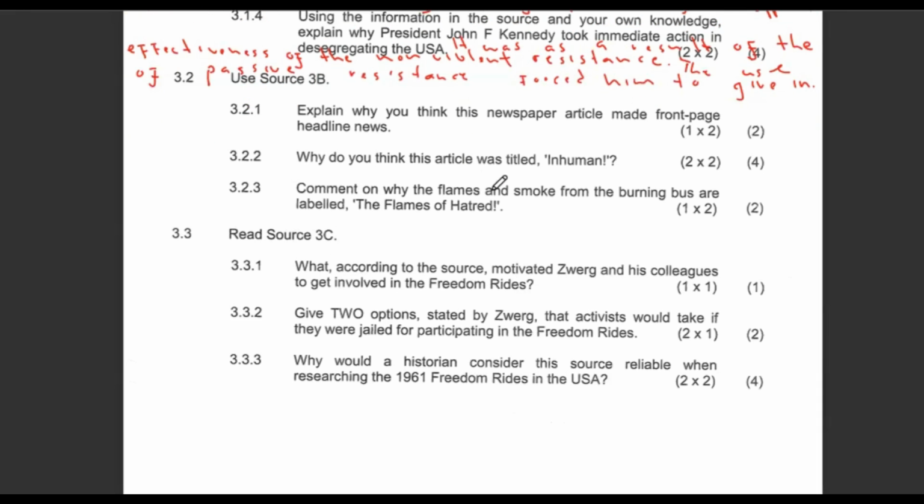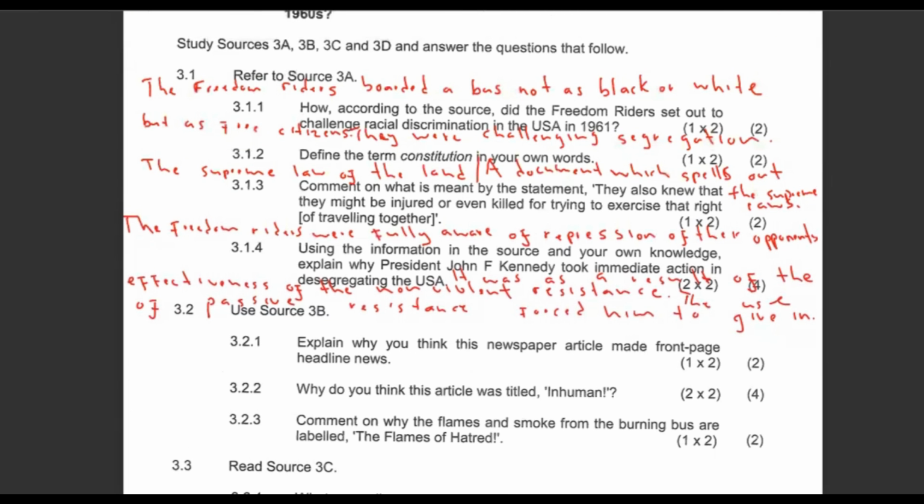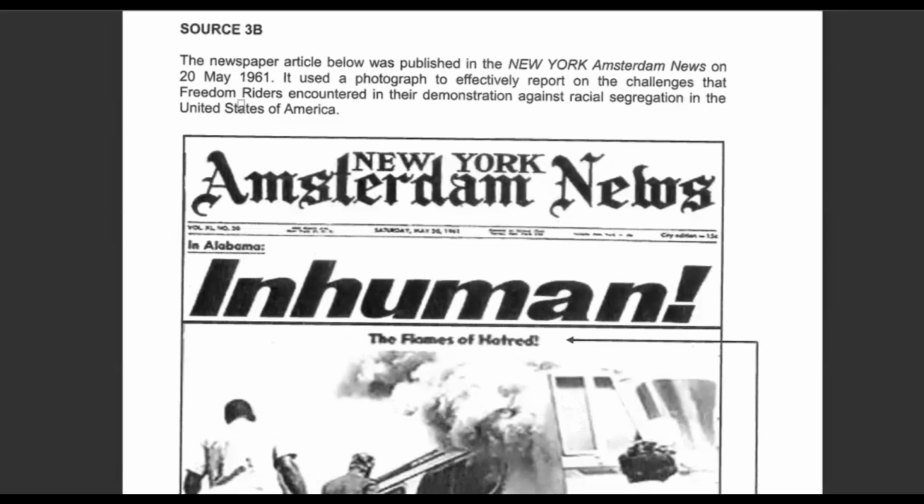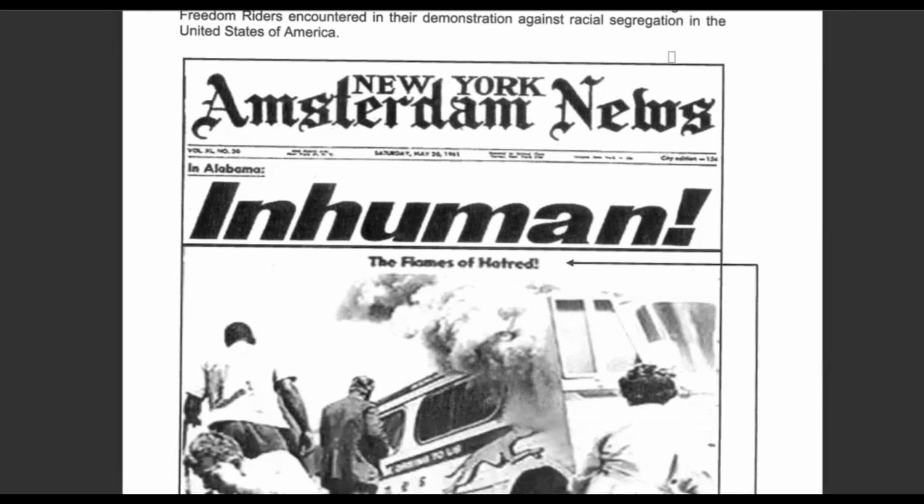Which is 3.2.2.1, which requires us to look at source B. Source B is actually a visual source, which is a newspaper article published by the New York Amsterdam News on the 20th of May, 1961. It actually reads Inhuman.